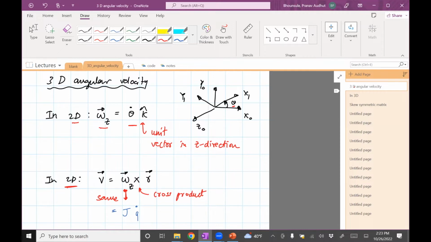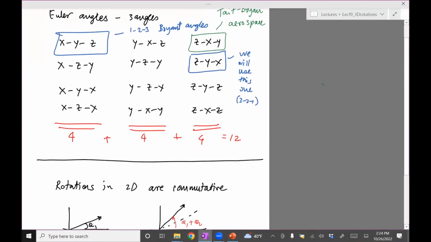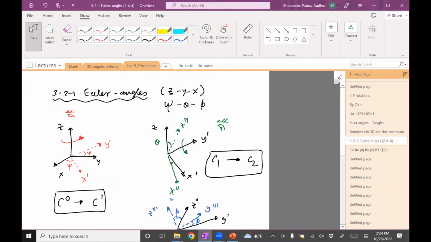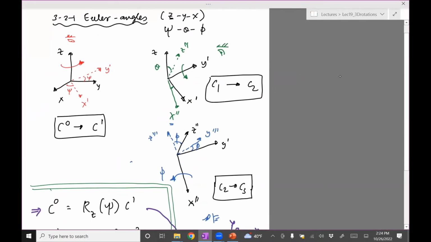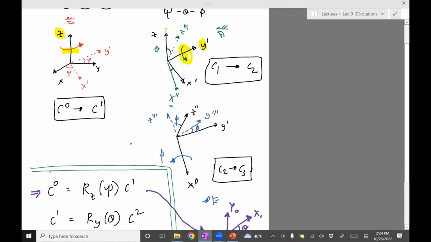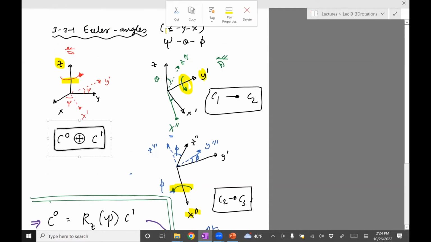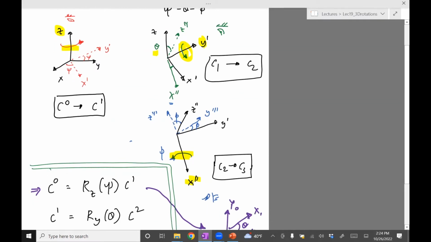We looked at 3-2-1 Euler angles, in which you first rotate about the z-axis, then the y-axis, and then the x-axis. So the rotations are psi about the z-axis, theta about the y-axis, and then phi about the x-axis.